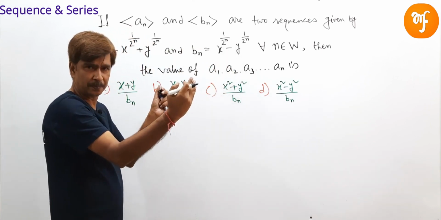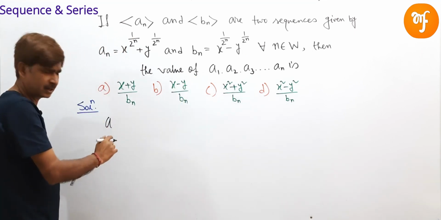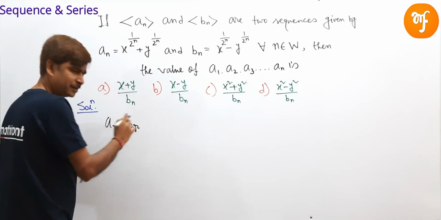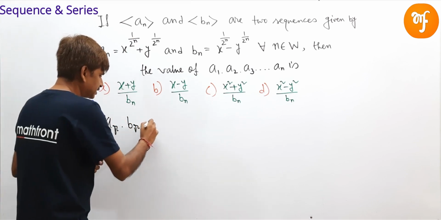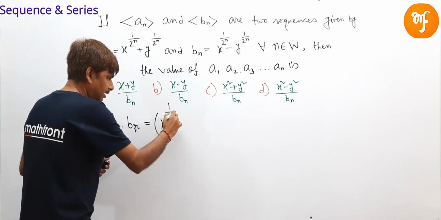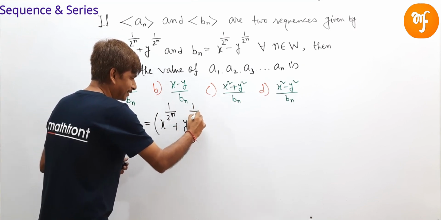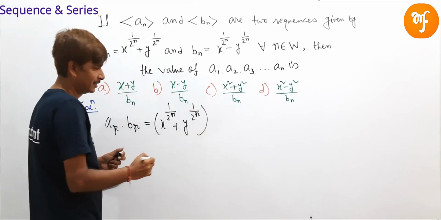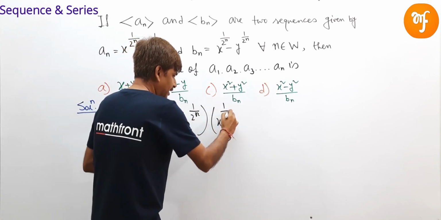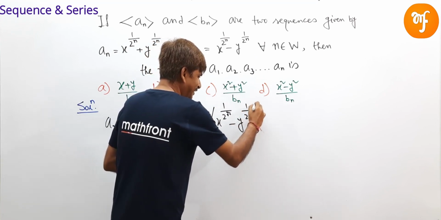So if we make the product of these, better we write ar into br, this is equal to x to the power 1 by 2 to the power r plus y to the power 1 by 2 to the power r, into x to the power 1 divided by 2 to the power r minus y to the power 1 divided by 2 to the power r.